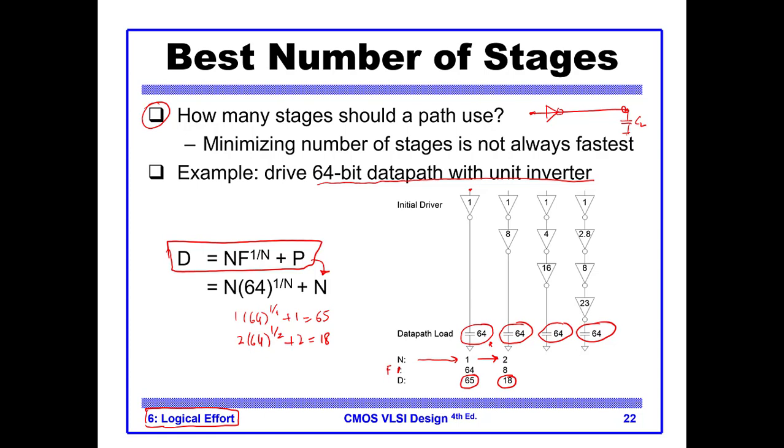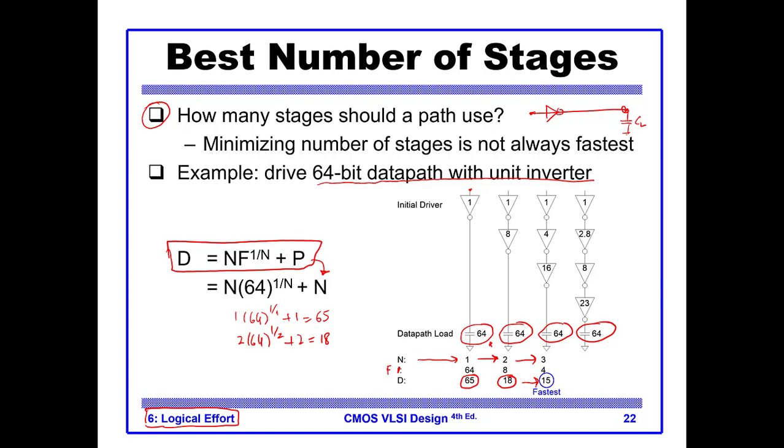If we go and put 3 inverters, then the delay becomes 15, which is the fastest circuit that we can get.